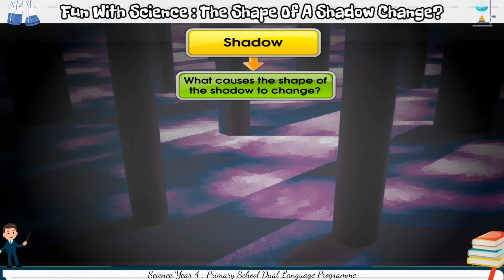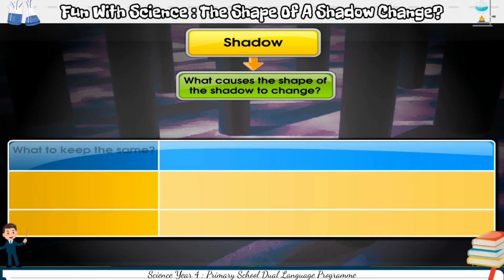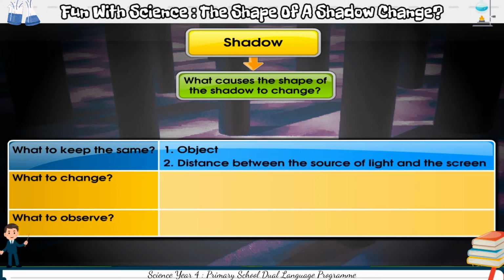We can also design a fair test to find out what causes the shape of a shadow to change. We need to decide what to keep the same, what to change, and what to observe. We keep the object the same.